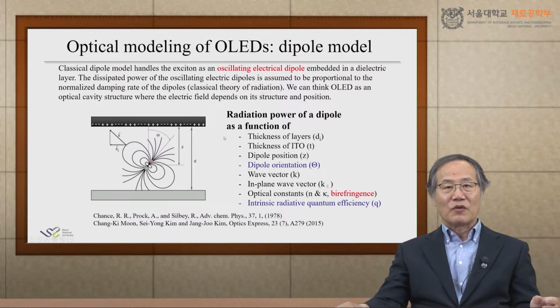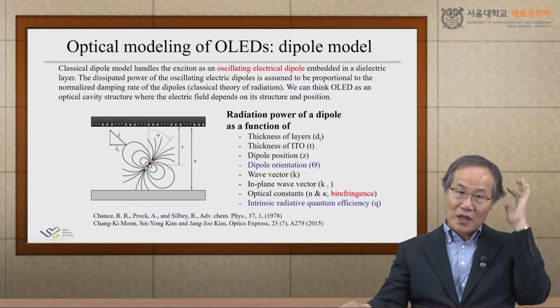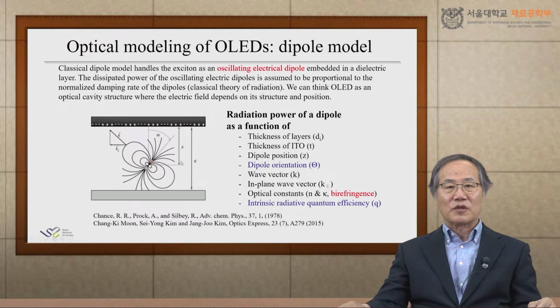In the model, the exciton is treated as an oscillating electrical dipole, embedded in the dielectric layers inside of the microcavity OLED structure.